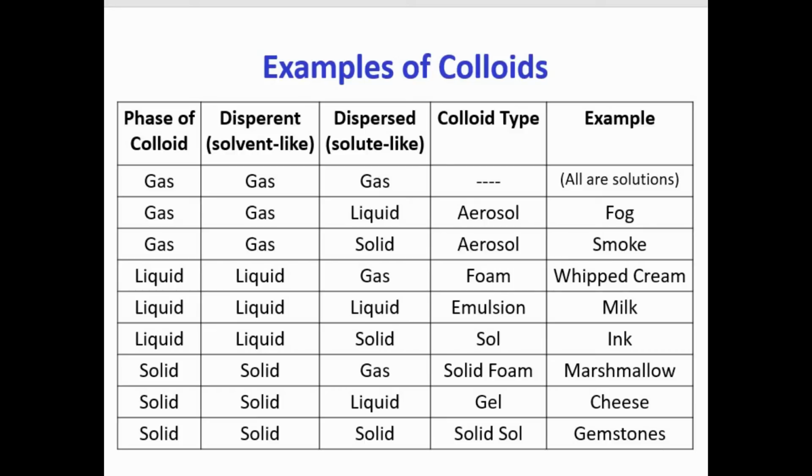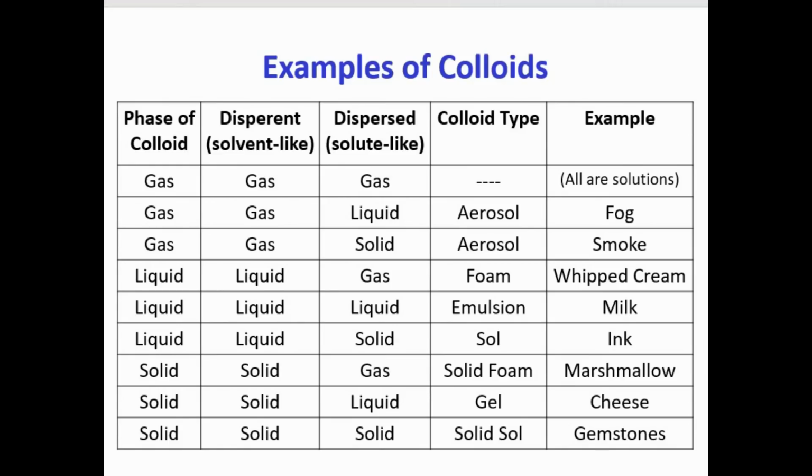We call that a foam, and one of my favorite foams is whipped cream. Oh, yum. Okay, we could have a liquid dispersed in another liquid. We call that an emulsion. That would be milk. We could have our dispersant be a liquid. We could have solids dispersed in that liquid. We call that a sol. And a good example of that would be ink. Ink is a liquid with solid particles in it.